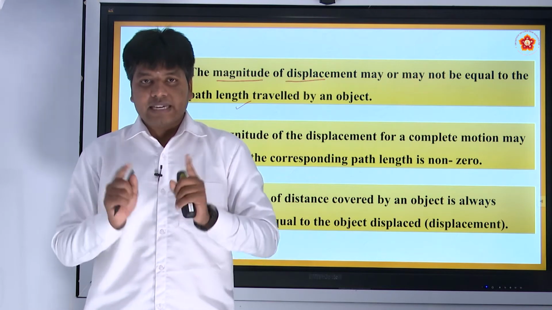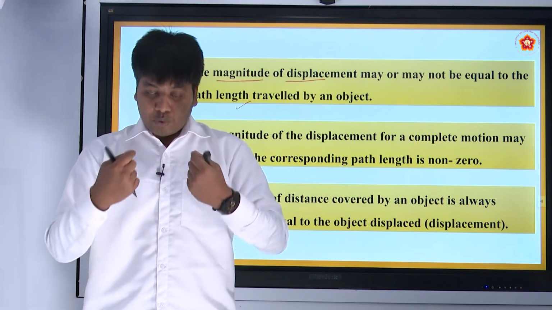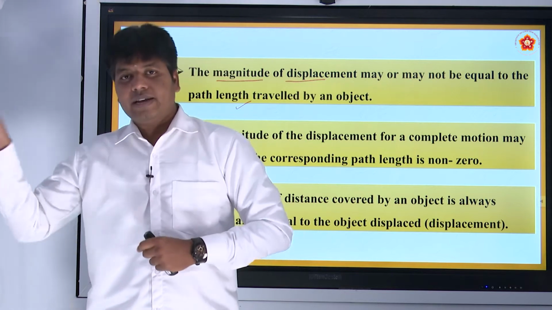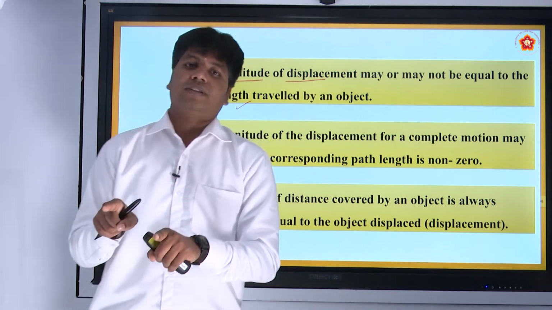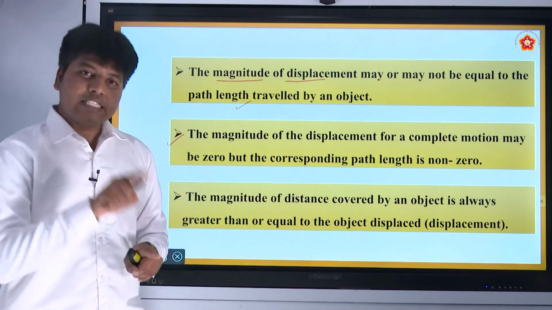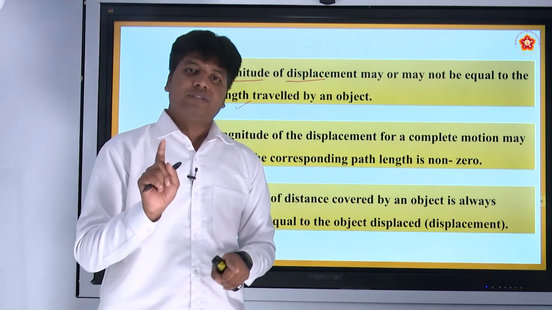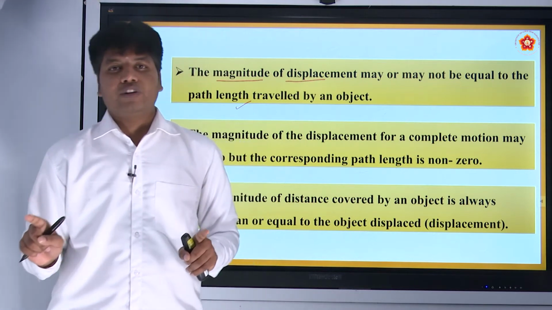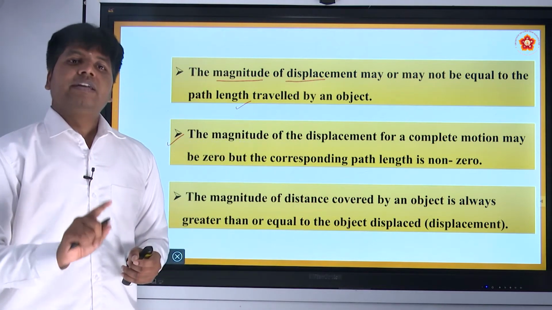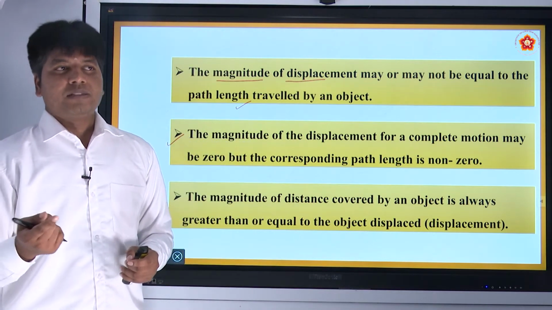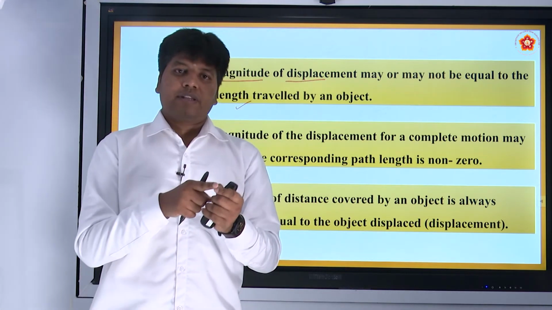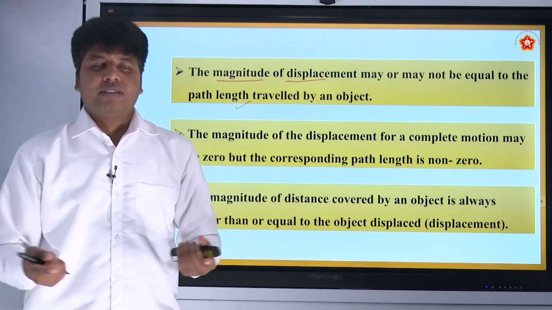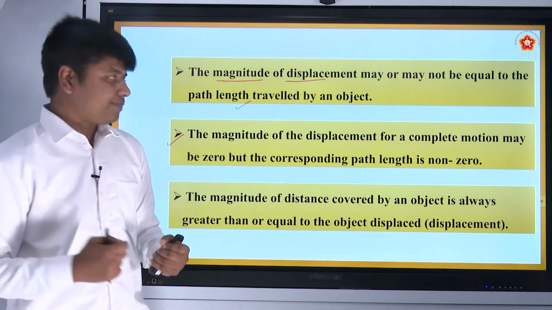I changed my position with respect to my original position, towards right or towards left, when you are talking about your change in position. So displacement can take negative values, but distance cannot. It can be 0, it can be positive. 0 is not that important. If you take the distance from one point to the same point, that means you have not traveled anywhere. There the distance is 0, right?